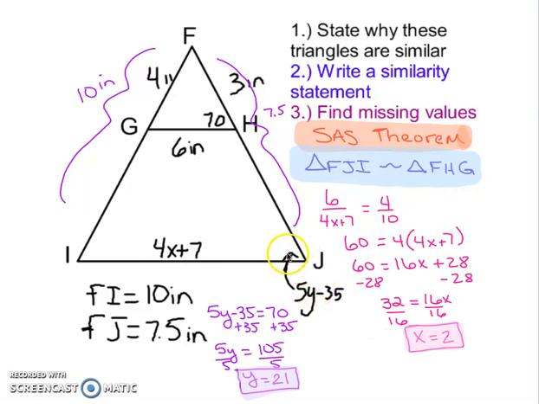And then for our y here, for this angle, we know that these two angles are congruent, and so I just took my 5y minus 35 and set it equal to 70, and when you solve for that, you should have found that y equals 21. Hopefully you got the same answers as me, and if not, I'm going to pause the video right now and we can go over any questions that you might have.